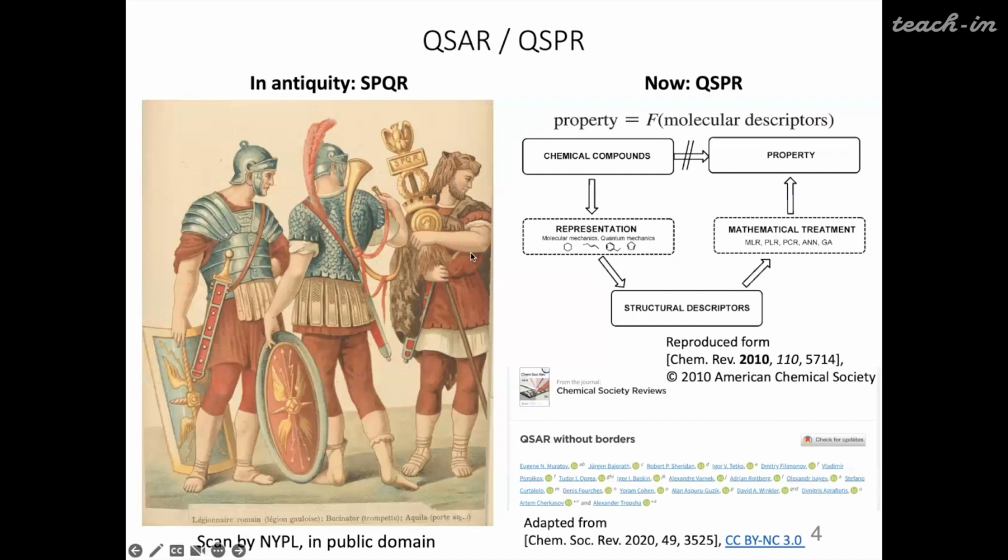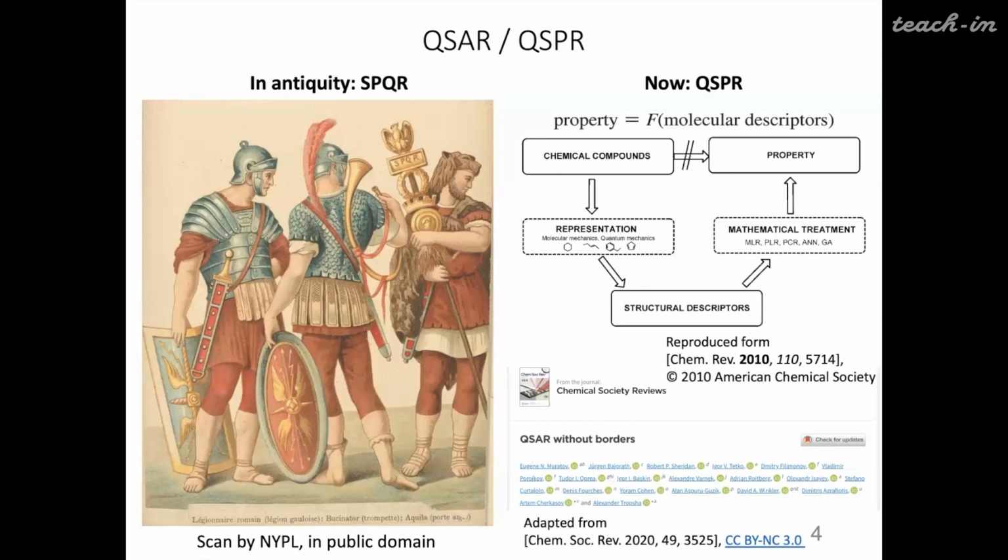And taking these structures, we compute structural descriptors. Some of these descriptors we have discussed in previous lessons, and some of these descriptors we have calculated in the previous practical lesson.